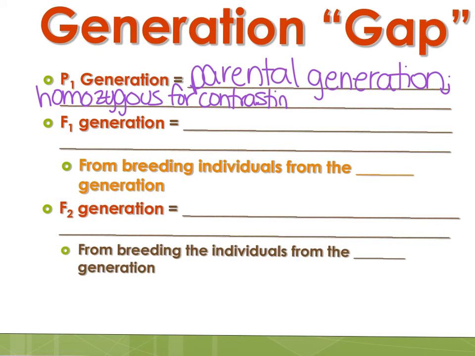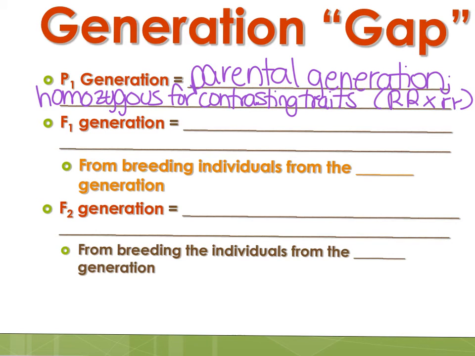One is homozygous with the dominant and one is homozygous with the recessive. Perfect. So one is going to be homozygous dominant and one of them is going to be homozygous recessive. That's what that means. The letters don't mean that it's only specific for this R trait. It's saying any trait. Homozygous for contrasting traits means that you have 1 homozygous dominant times 1 homozygous recessive every single time for a P1 generation.